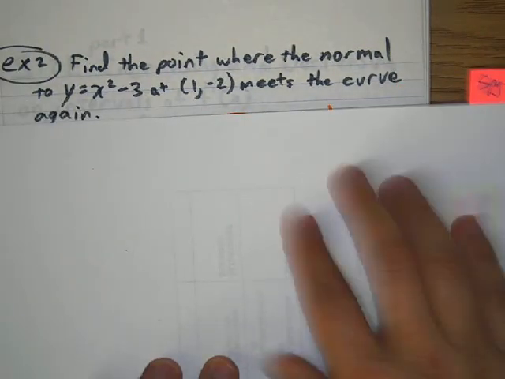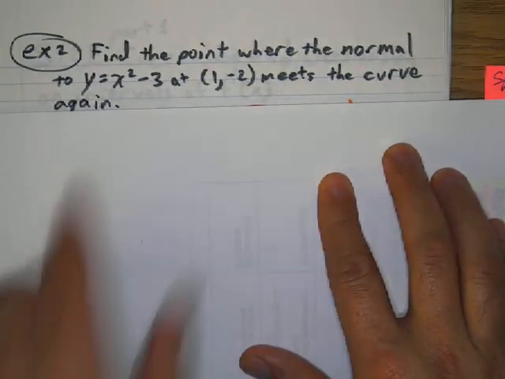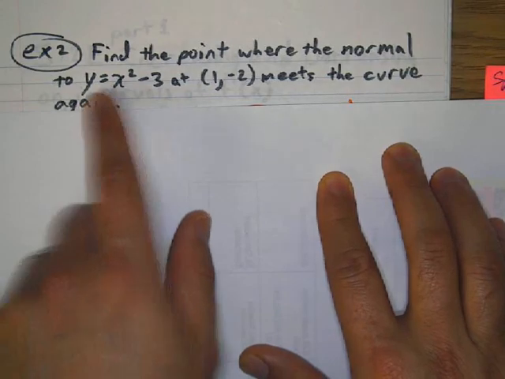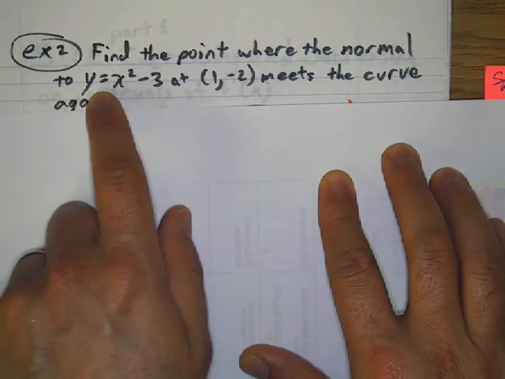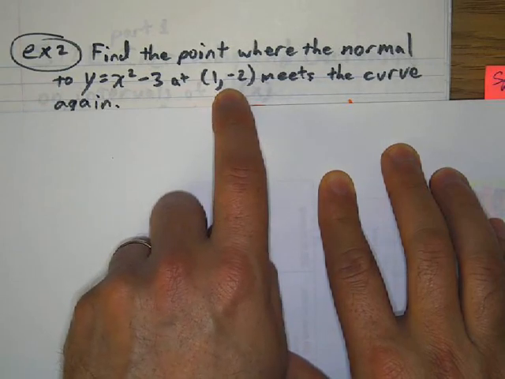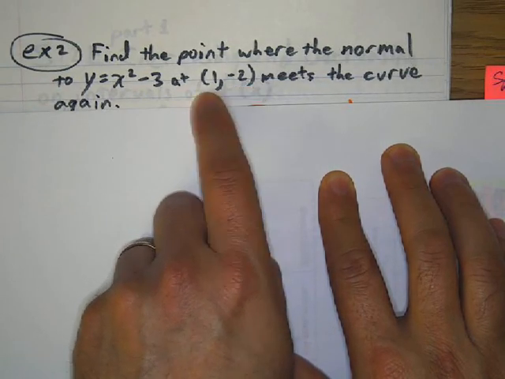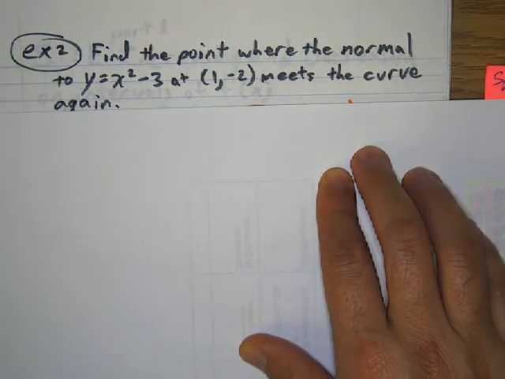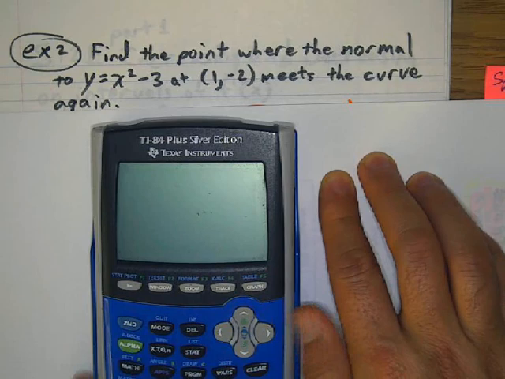So find the point where the normal of y equals x squared minus 3 at 1 comma negative 2 meets the curve again. First of all, let's just type this in so you can see what it looks like.